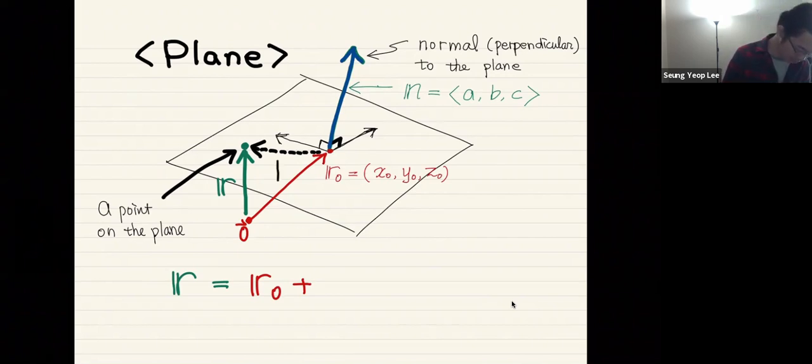Let me use P for the black vector, because the black vector is inside the plane. This is always inside the plane, right? Because it's connecting two points in the plane.